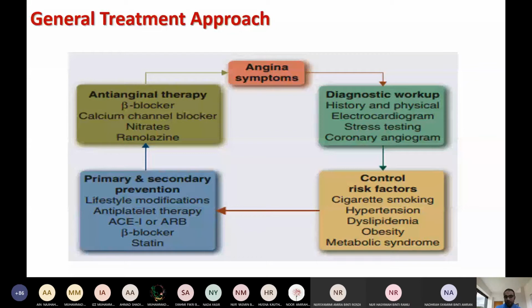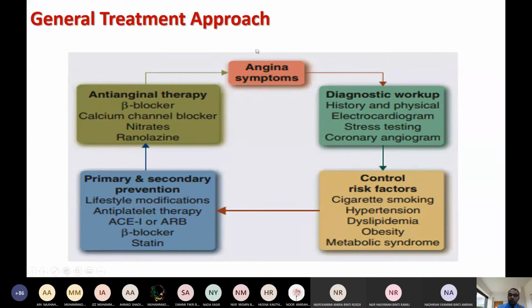Then we have a certain medication to symptomatically treat the patient's ischemia. We can treat the ischemic symptoms, but it will not affect the cardiac attack from happening. It will be just a symptomatic treatment.